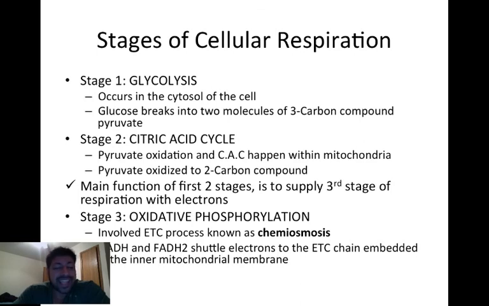So as NADH and FADH2 help shuttle the electrons to and through the electron transport chain, every time the electrons are passing through those various protein complexes that make up the ETC, we are going to build up those hydrogens in the intermembrane space, which we're going to see helps generate the ATP through chemiosmosis. Okay, coming up real soon.